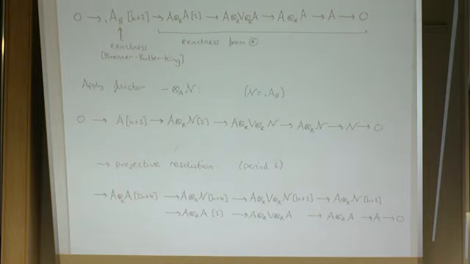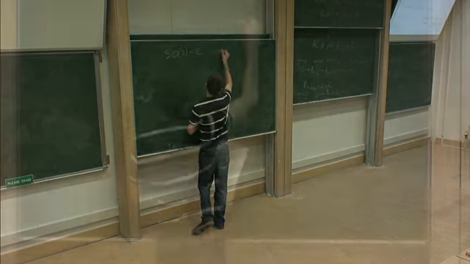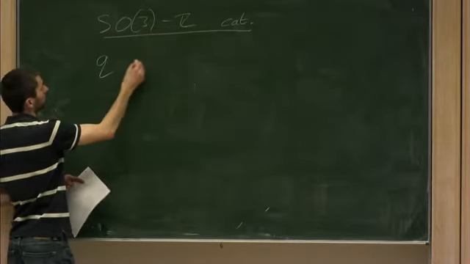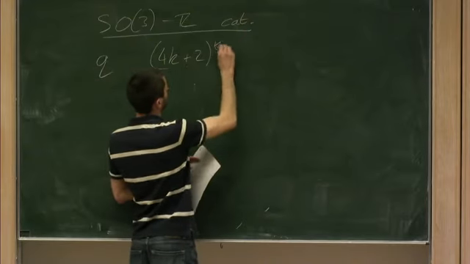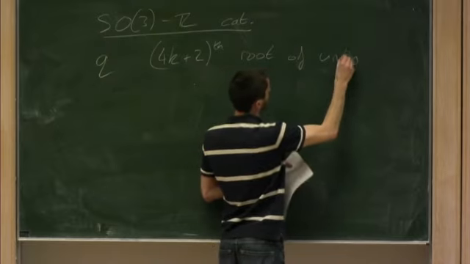Let me now talk about the construction in the SO3 situation. And I'll be a bit more explicit about the construction of these categories. So I want to construct, in the first place, an SO3 tangle category. So let's take q in 4k plus 2 roots of unity.